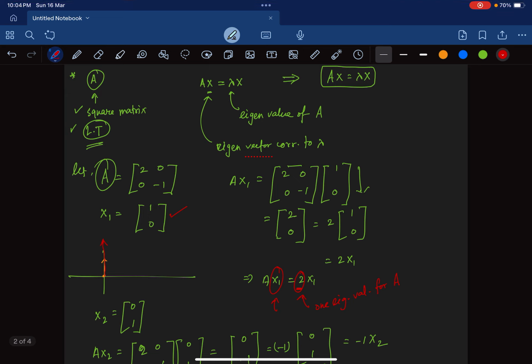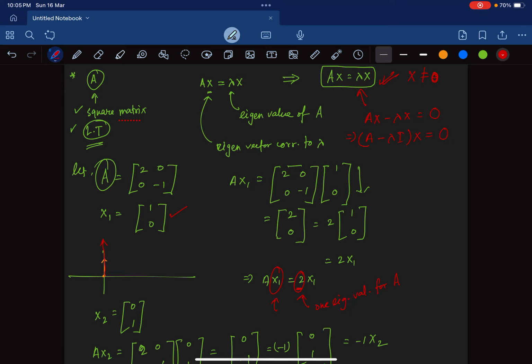Now more precisely, we have this equation in our hand, which leads to the characteristic equation. From here one can write Ax minus lambda x equals the null vector. So A minus lambda times I, because it is matrix algebra, multiplied with x equals the null vector. Obviously we are considering x not equal to 0, meaning x not equal to the null vector.